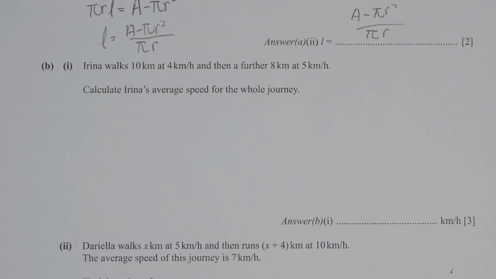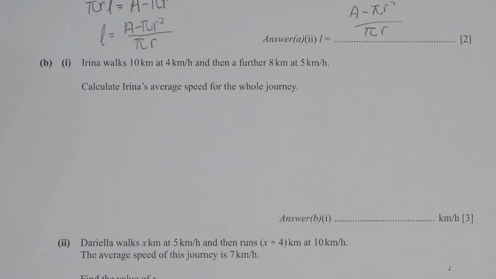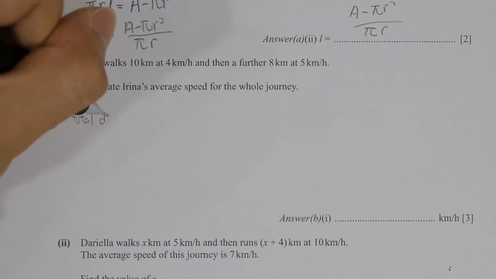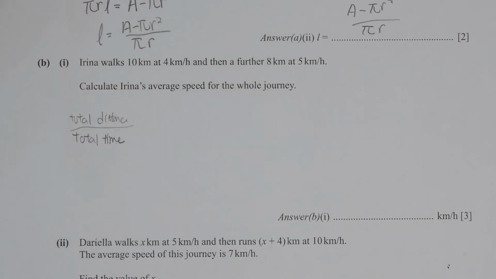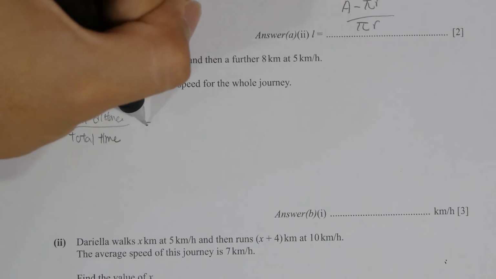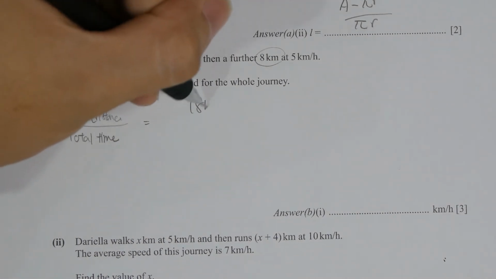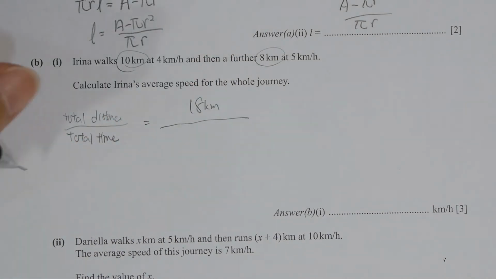For part B, number 1, Irene walks 10 km at 4 km per hour, then a further 8 km at 5 km per hour. Find the average speed. The total distance will be 18 km because 10 plus 8.